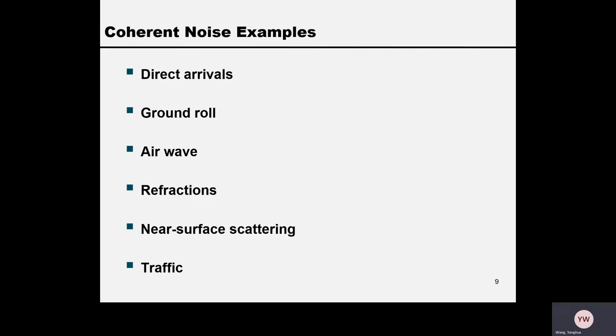Static is to investigate the near surface layer velocity variations around the spatial coordinate. So both the depths of the water layer and the weathering layer and the variation of velocity around the layer vary.